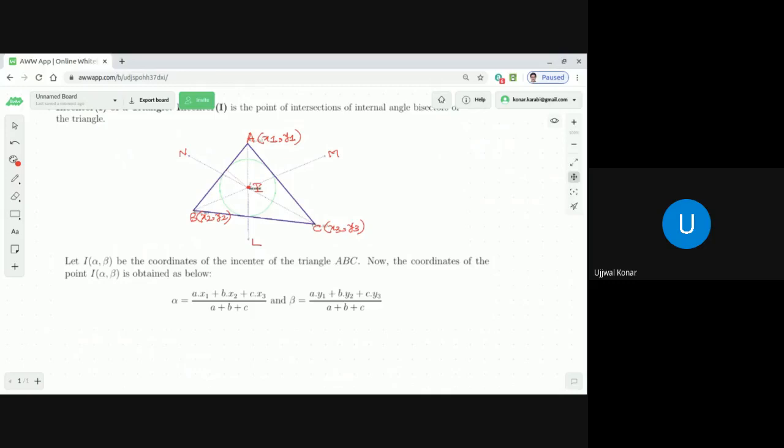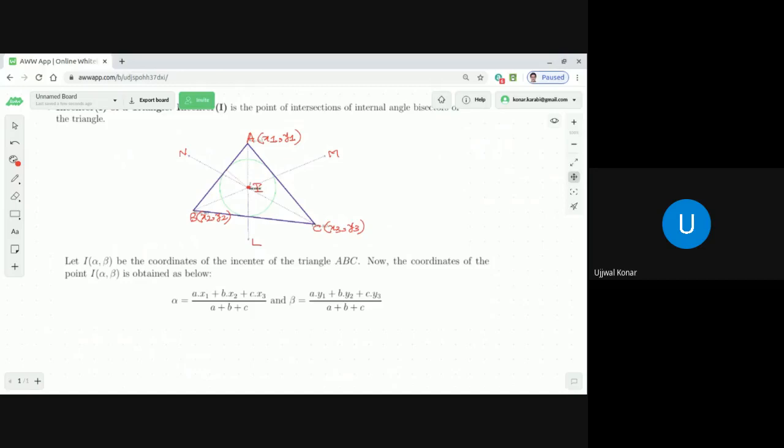Now the coordinates of the point I(alpha, beta) are alpha equal to (ax1 + bx2 + cx3)/(a + b + c), and beta is equal to (ay1 + by2 + cy3)/(a + b + c). Dear students, here a, b, c are the lengths of the three sides.